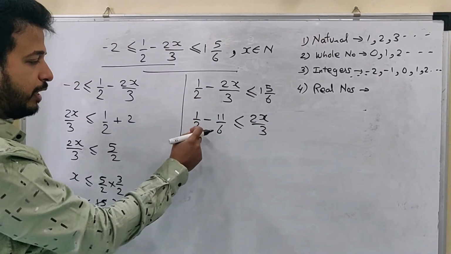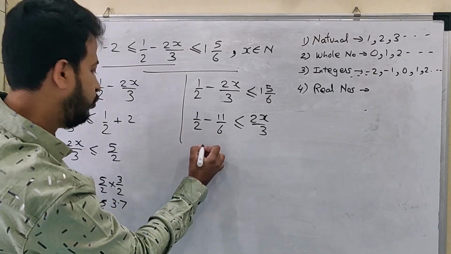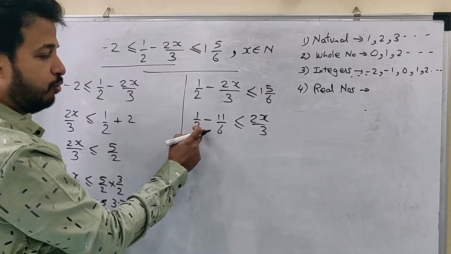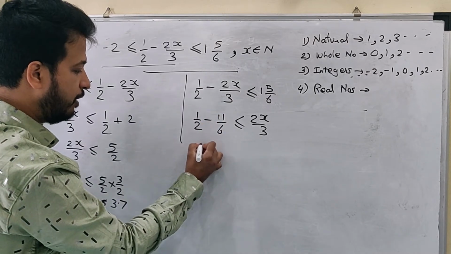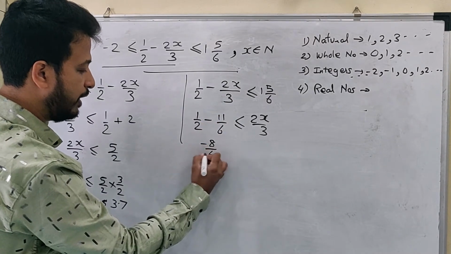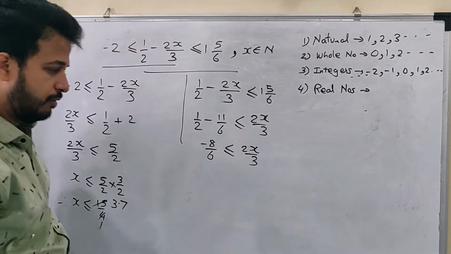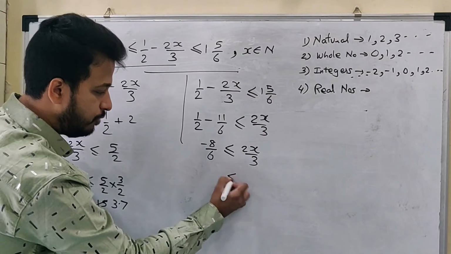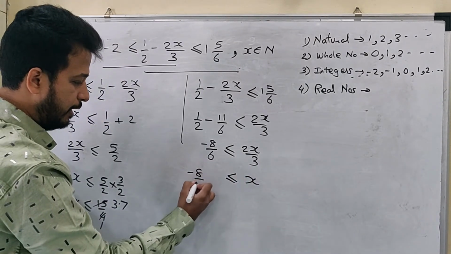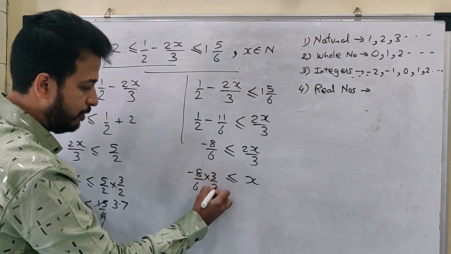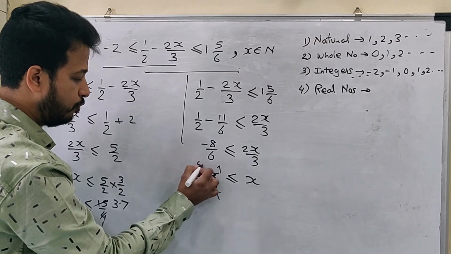So after I do the LCM, this becomes minus, okay, 2 3s are 6, so 3 minus 11 will be minus 8, so minus 8 upon 6 less than or equal to 2x by 3, correct? If I solve this further, I'll keep my x alone, and I'll take my number on this side.